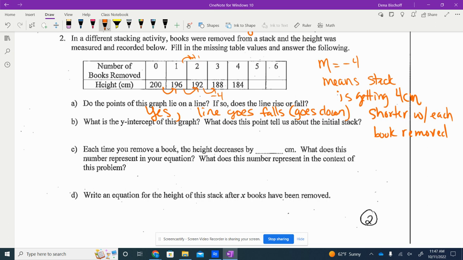The line falls. Okay. What is the y-intercept of this graph? And remember that the y-intercept happens when x equals 0. So the y-intercept equals 200. Good job, Kate. What does this tell us about the initial stack?